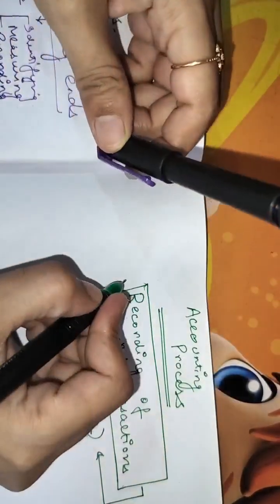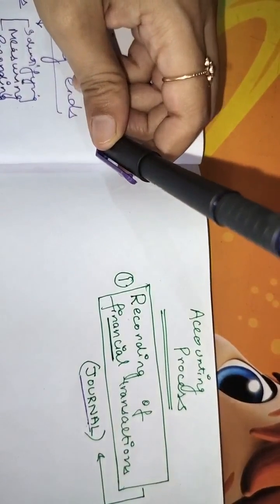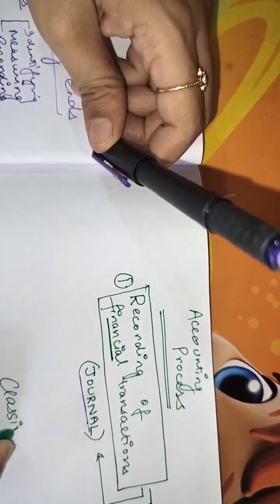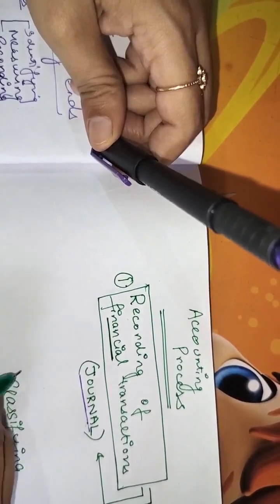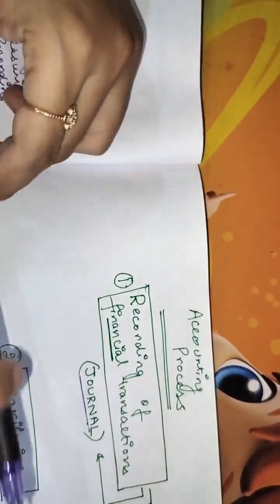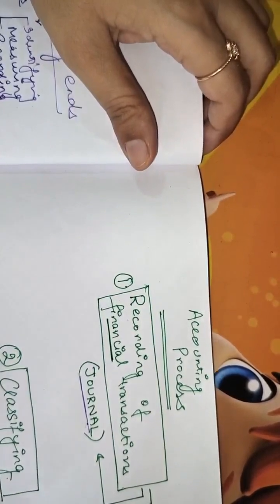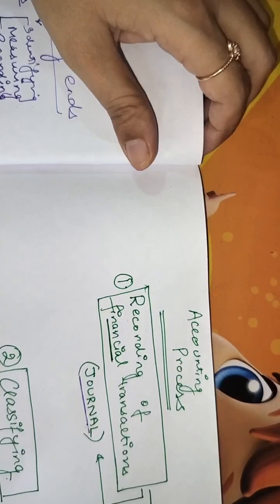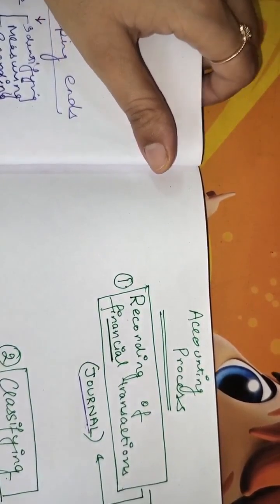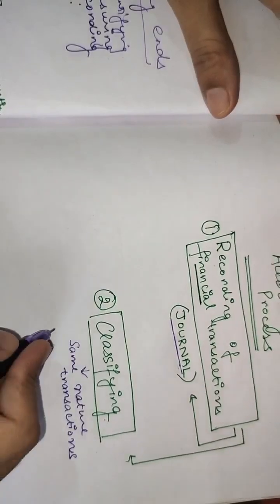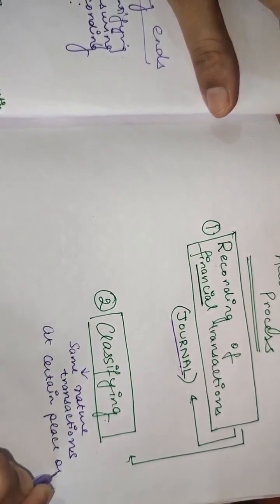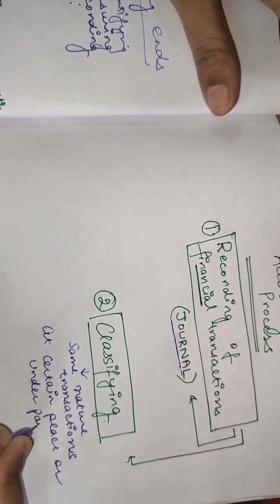So the next second step is classifying. What we have understood about classifying is that same nature transactions, that means the transactions which are of same nature will be recorded at certain place or under particular head.